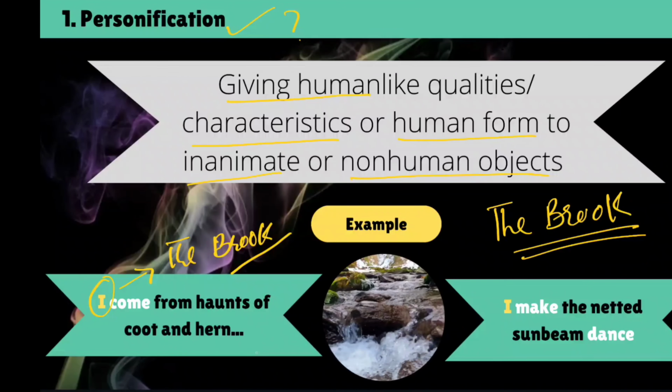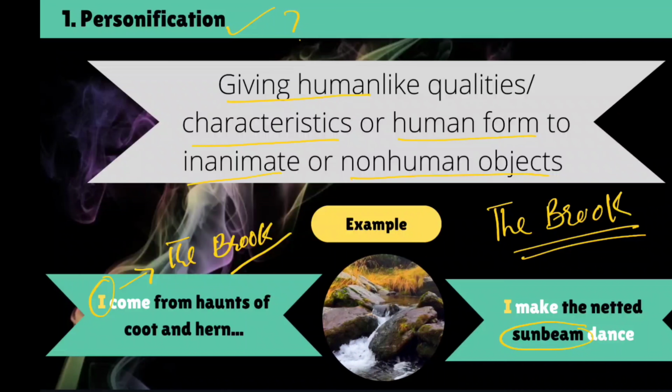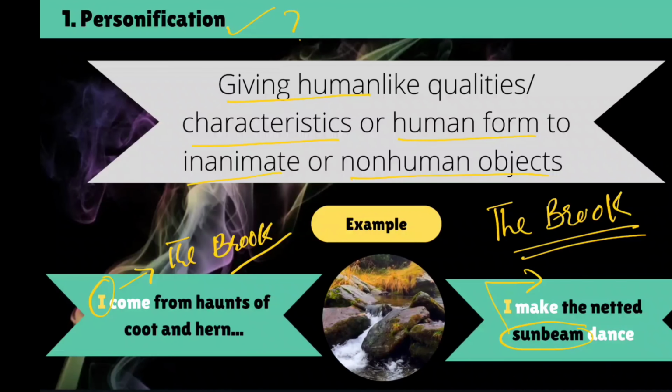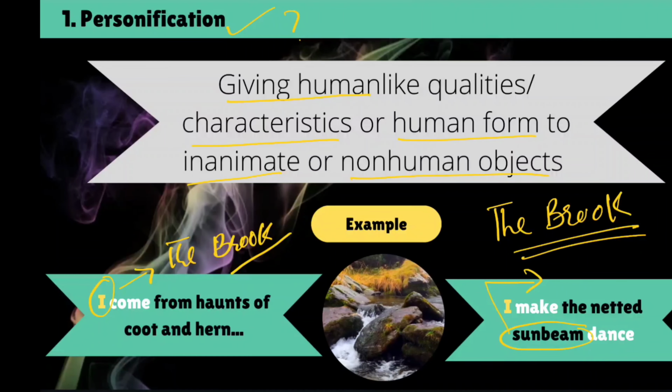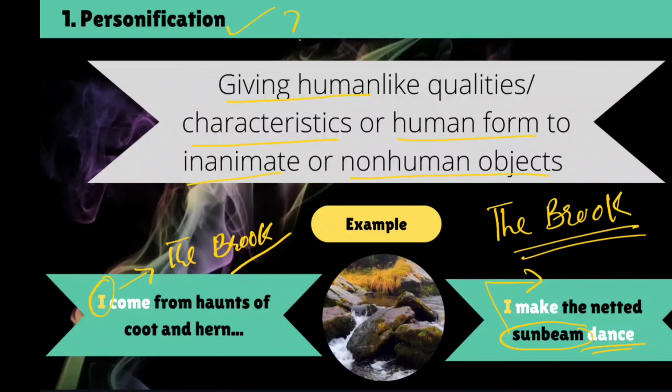Okay? And in the second place, the poet personifies the sunbeam, right? Because sunbeam is also non-human. And the poet, through the mouth of the brook, tells, I make the netted sunbeam dance.